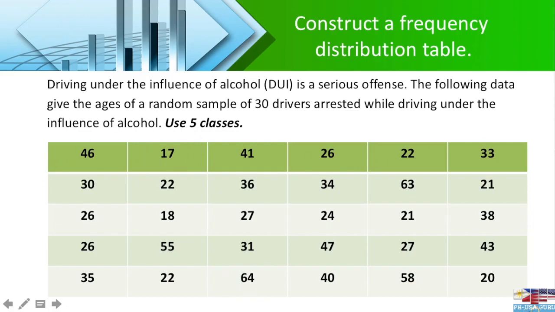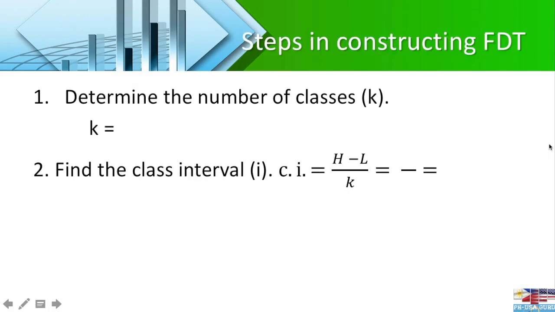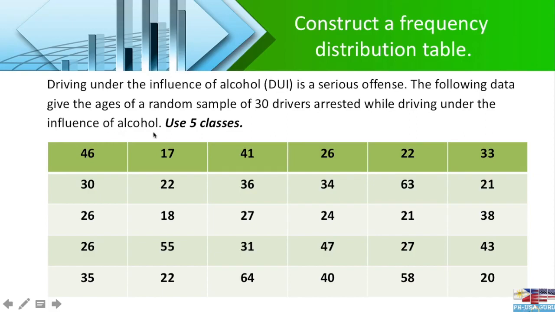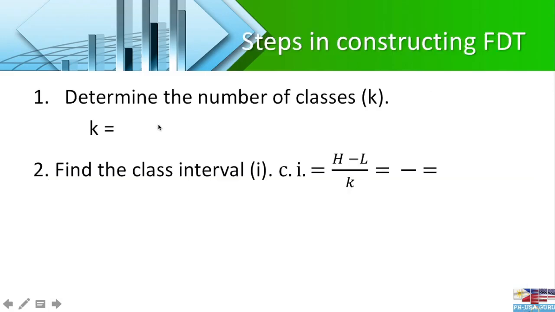Now, let us do the first step. The first step is to determine the number of classes, which is K. In the problem, it says, use 5 classes. This 5 classes is the value of our K.